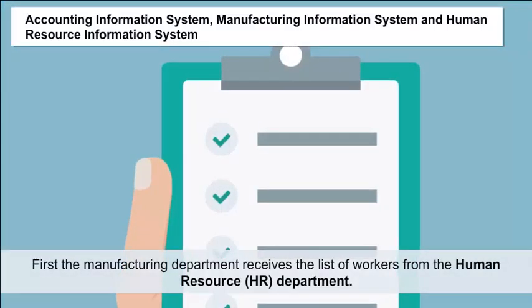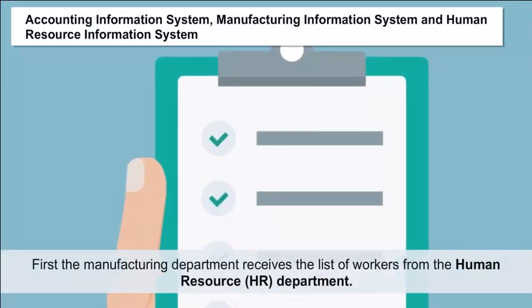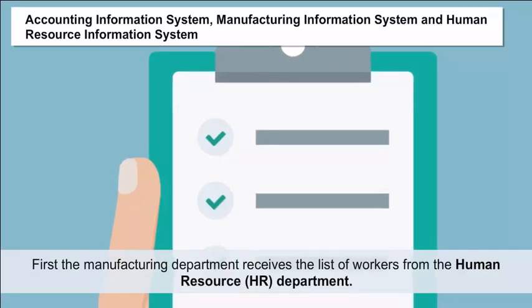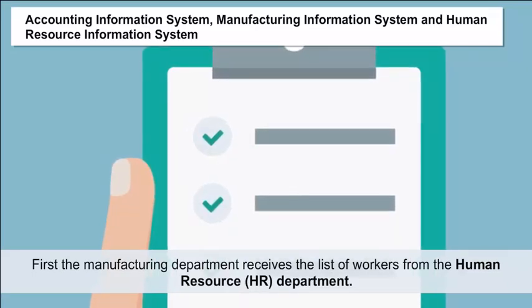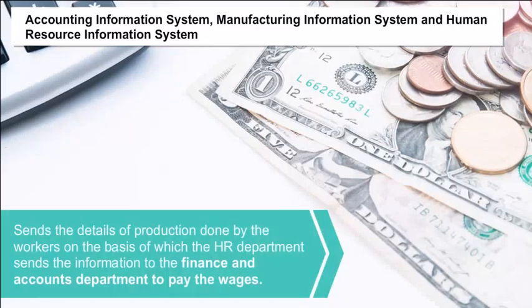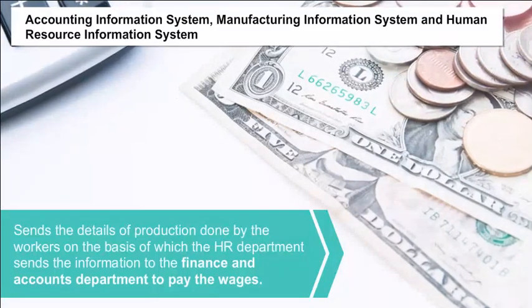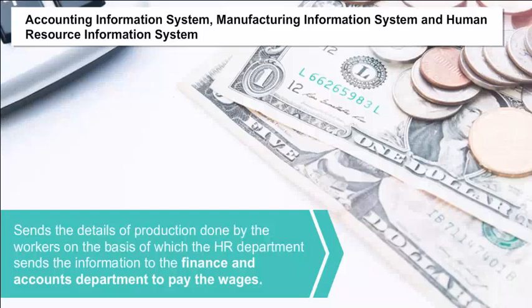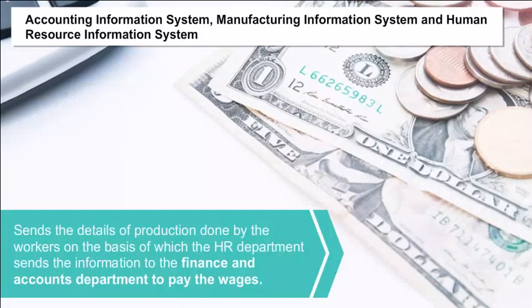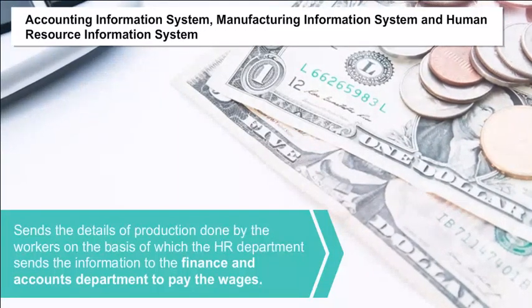First, the manufacturing department receives the list of workers from the human resource, that is, the HR department, and sends the details of production done by the workers, on the basis of which the HR department sends the information to the finance and accounts department to pay the wages.